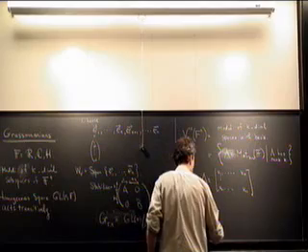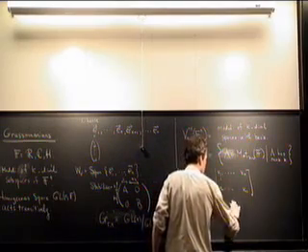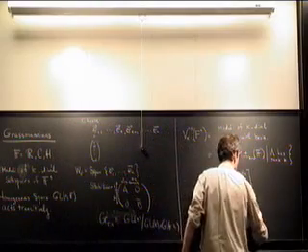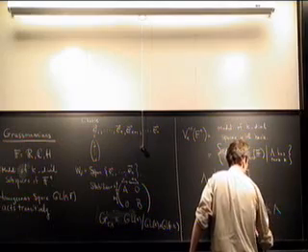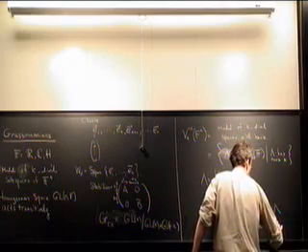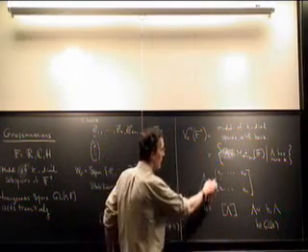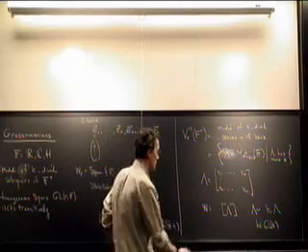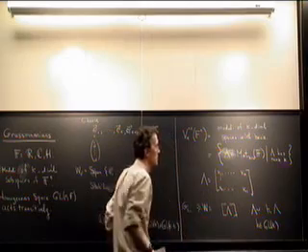So W would then be the equivalence class of lambda under the equivalence relation that lambda is identified with h times lambda, where h is in GL_k, because left multiplication by GL_k changes the basis on the space W. So this would be an element of the Grassmannian.